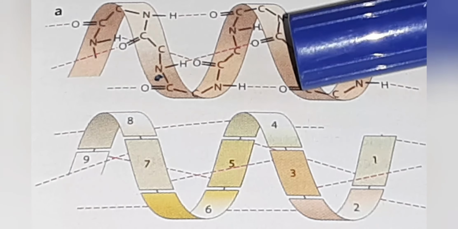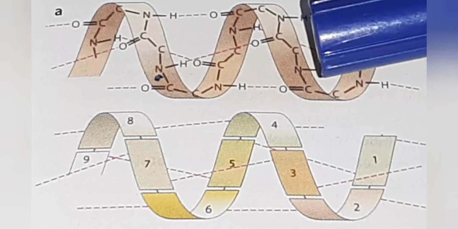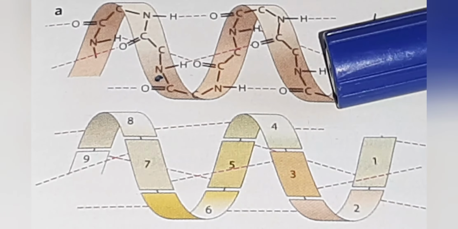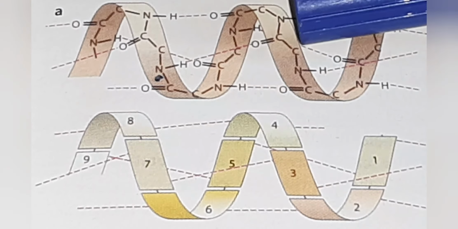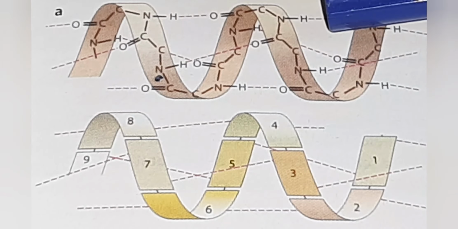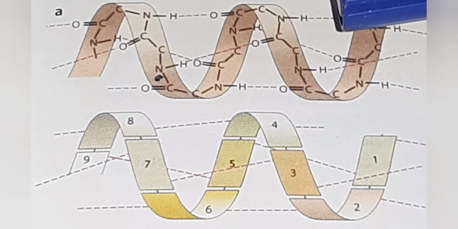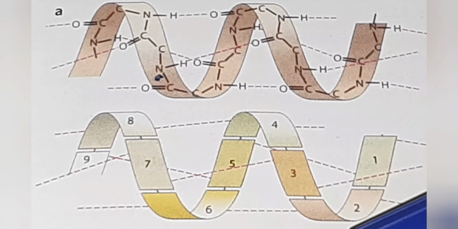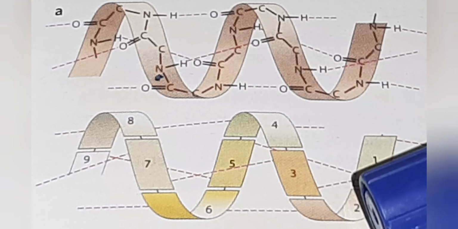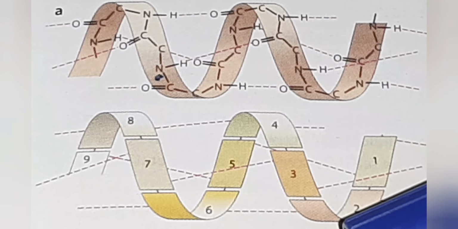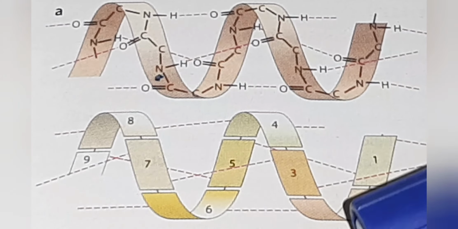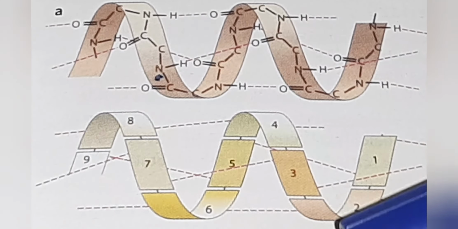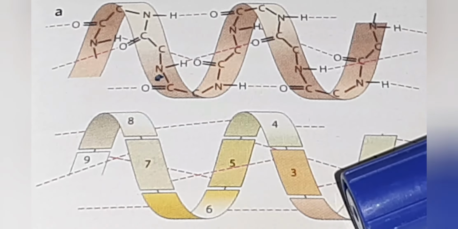So that is the protein secondary structure, and in the structure of the alpha helix, the R groups are not shown. Another common arrangement is the beta pleated sheet. Both of these structures are held in shape by hydrogen bonds between the amino acids. So how about tertiary structure?